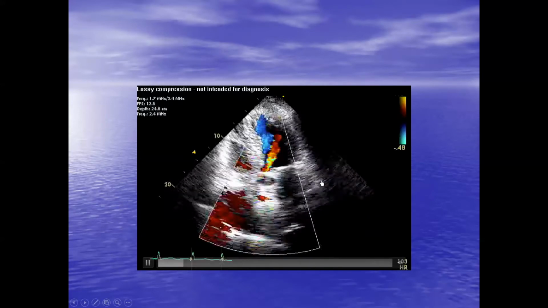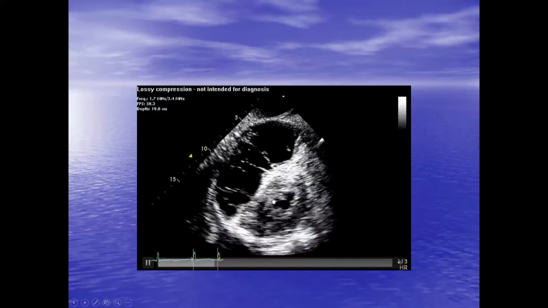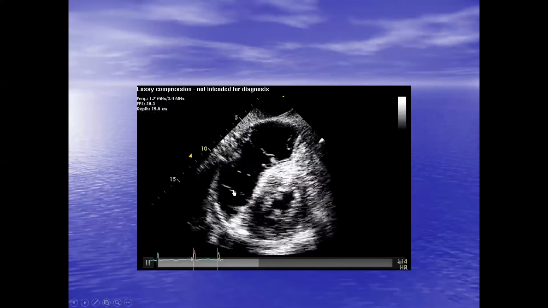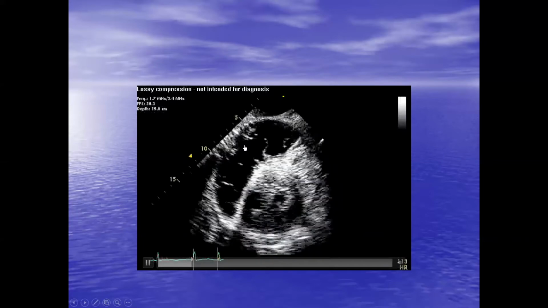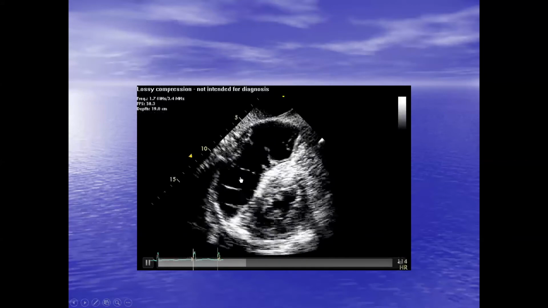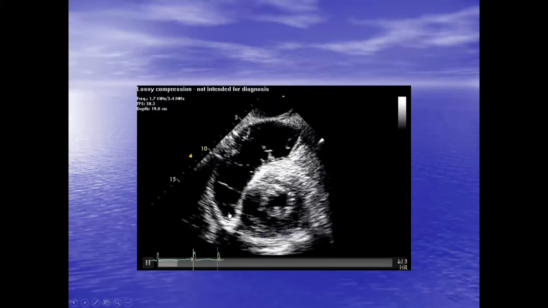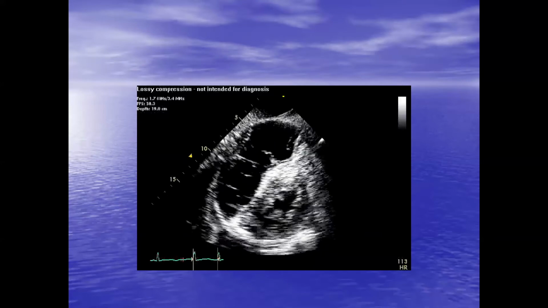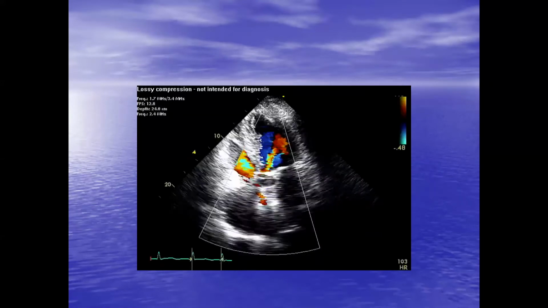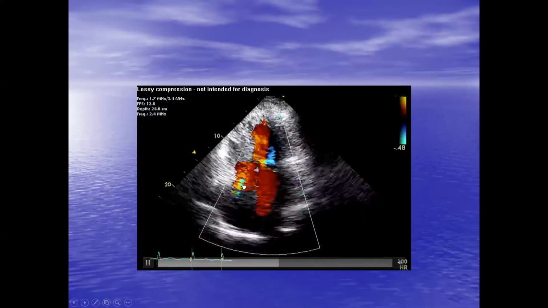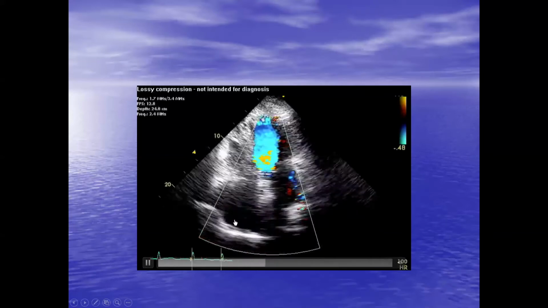Now in this view, this is where the right ventricle should be, and we really just see the space with this fibrinous material. So it turns out that this turbulent inflow that we saw in the previous view is compressed from the right atrium and right ventricle by a pericardial effusion.